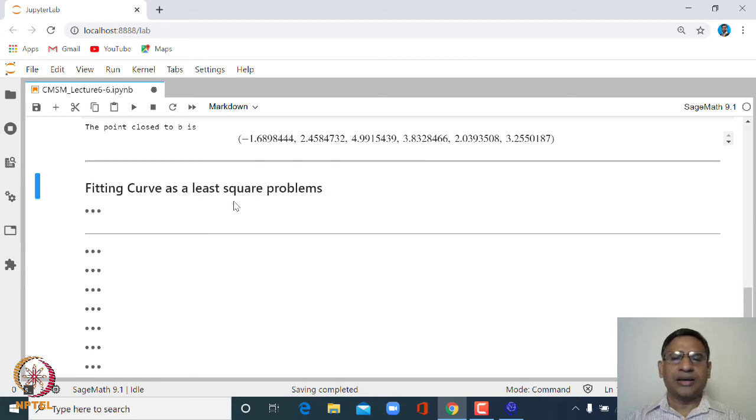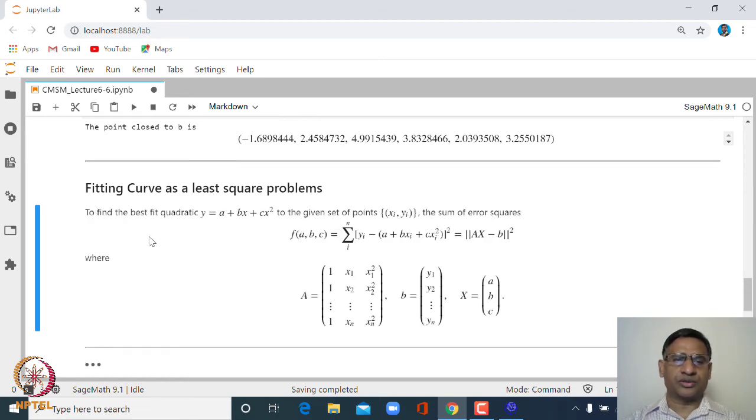Again, we have seen that you can fit a curve to a given set of points in the plane, or also fit a plane in space, and this can be generalized. If you have to find the best fit quadratic y equal to a plus bx plus cx square to a given set of points xi, yi, i going from 1 to n, then in this problem we define the sum of the error squares as a function of a, b, c, and this is what we got.